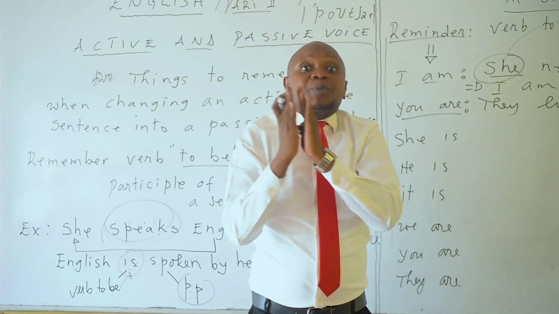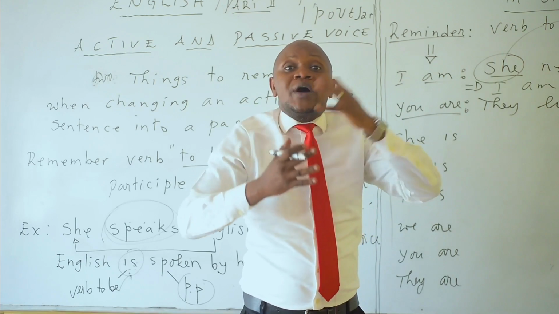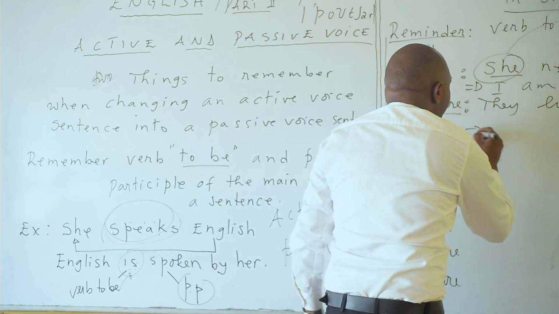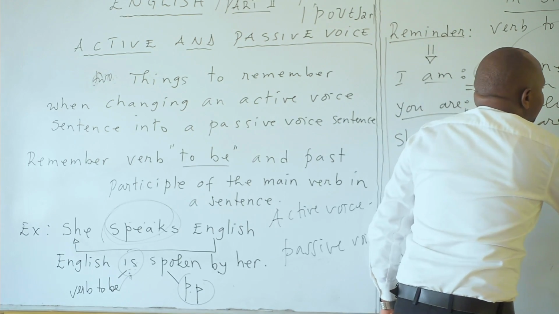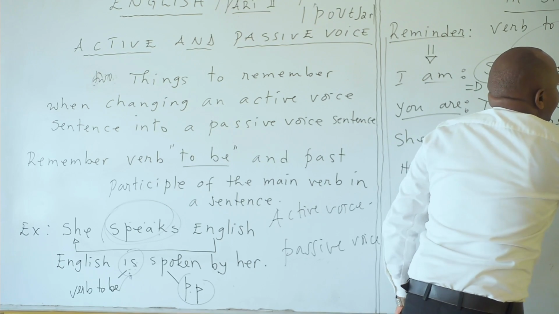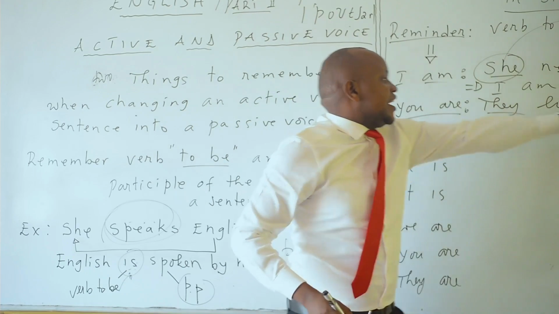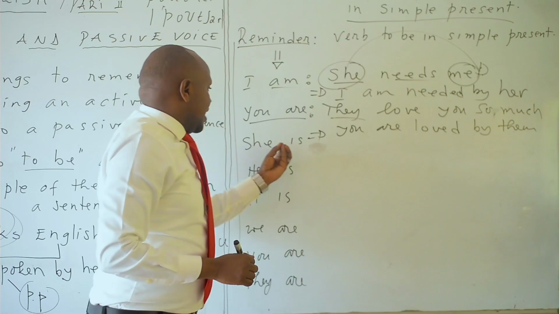Irahita ihindukamo past participle. Then tugiye kureba uburyo wavuga ngo ukundwa nabo. Baragukunda, ukundwa nabo. You are, then passive voice will be, you are loved. Do you see? You are loved by them. This they becomes them. Are we together?